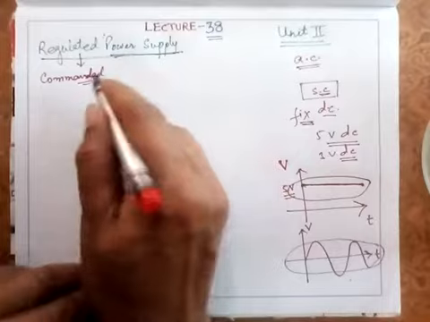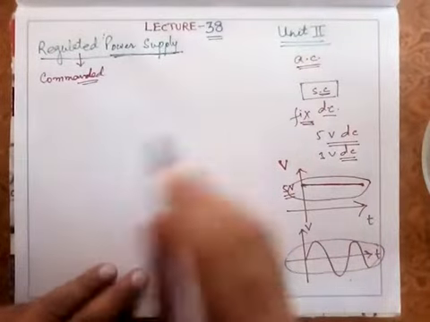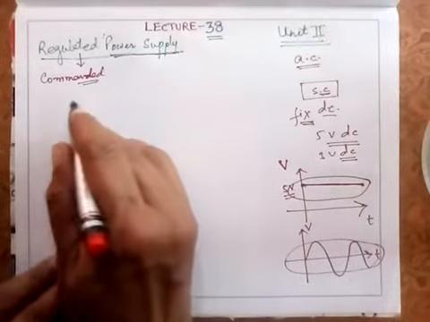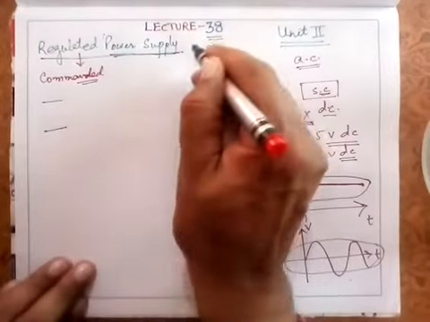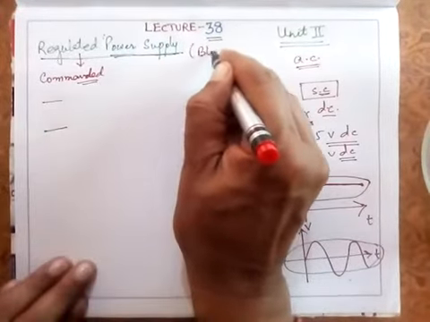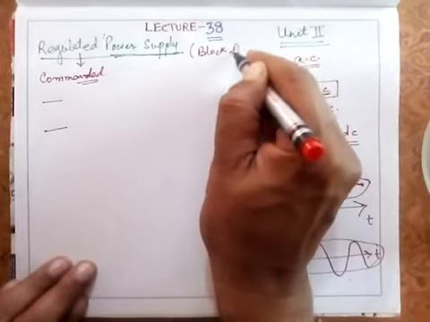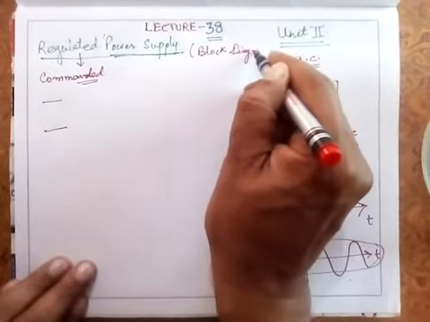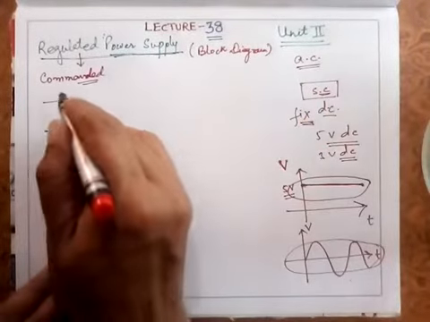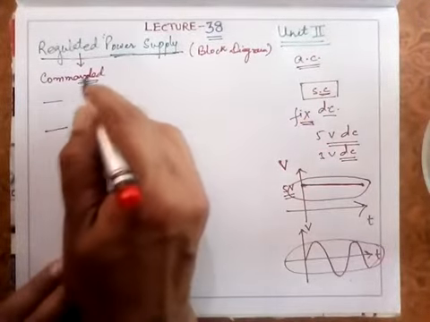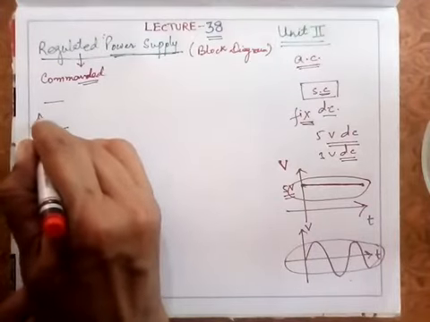Now if I look at the blocks of a regulated power supply, I call it a block diagram. I'll start with a block diagram of this regulated power supply. You have an AC mains here, whatever you're getting at your homes.